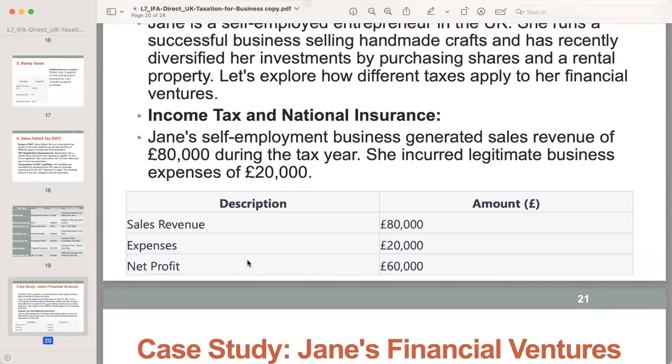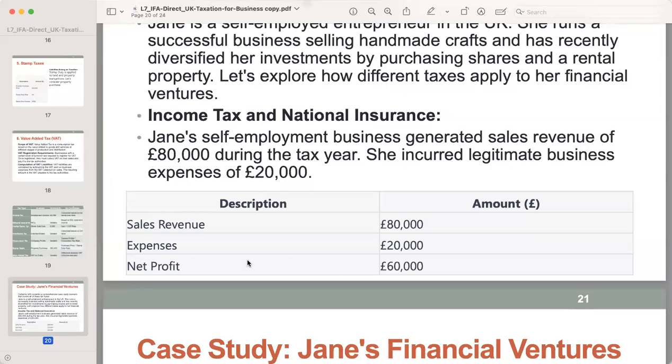So here he is discussing a comprehensive case study of different types of taxes as they apply to Jane's financial ventures. Jane is a self-employed entrepreneur based in the UK, operating a successful handmade craft business. She has also diversified her investments by purchasing shares and a rental property.